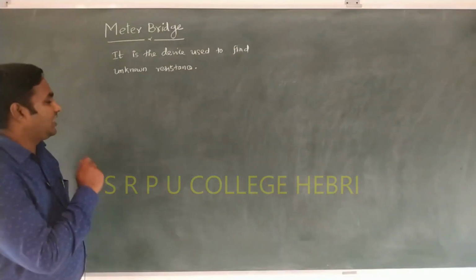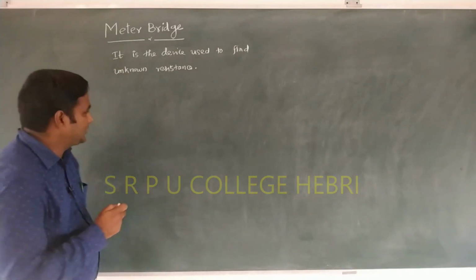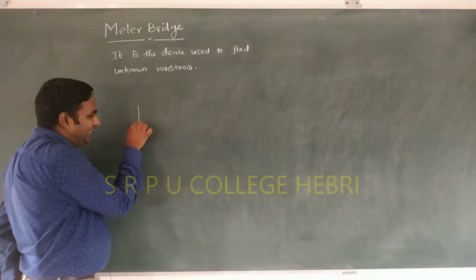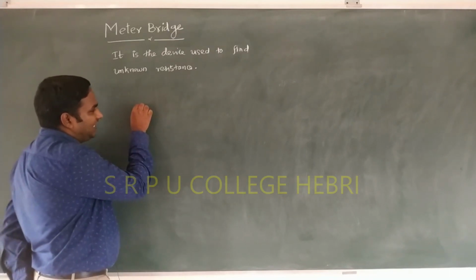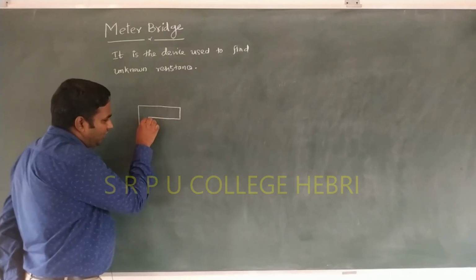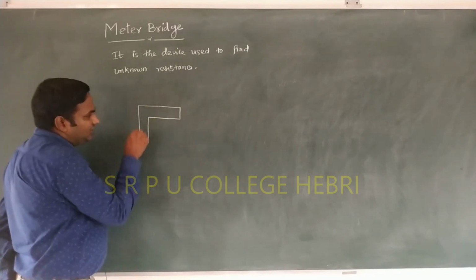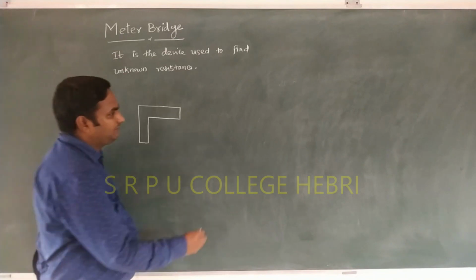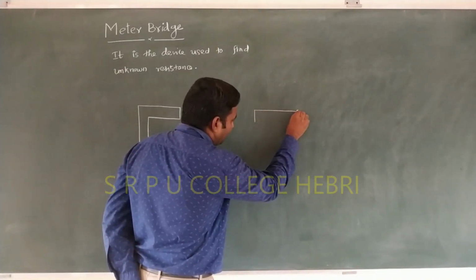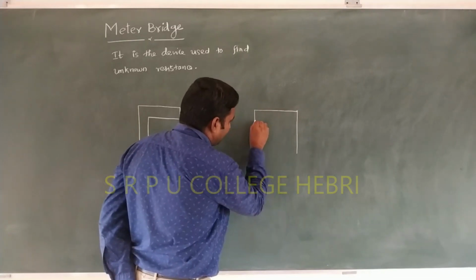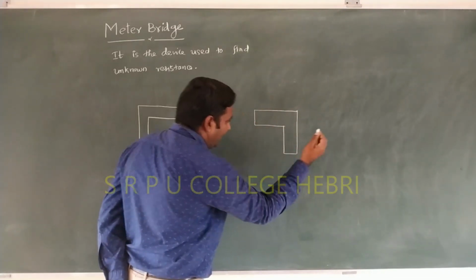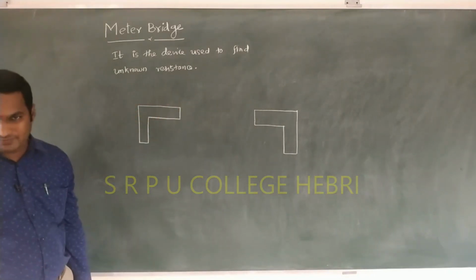Dear student, the diagrammatic representation of the meter bridge is like this. It contains two L-shaped metal strips like this. This is one L-shaped metal strip, and this is the other L-shaped metal strip.